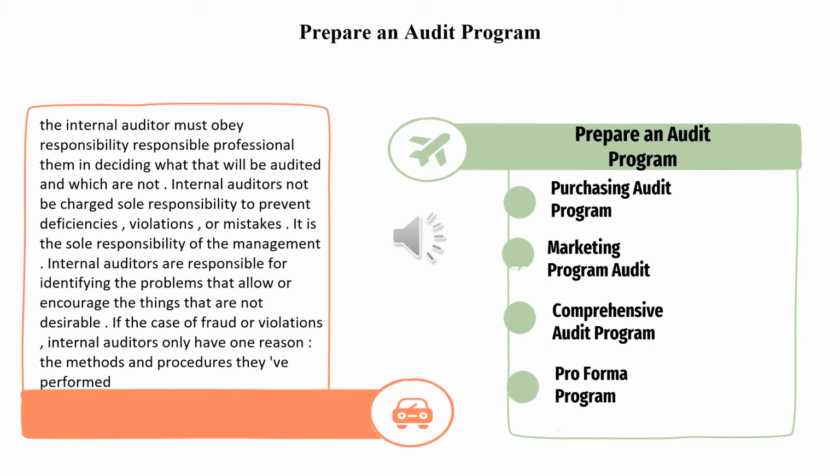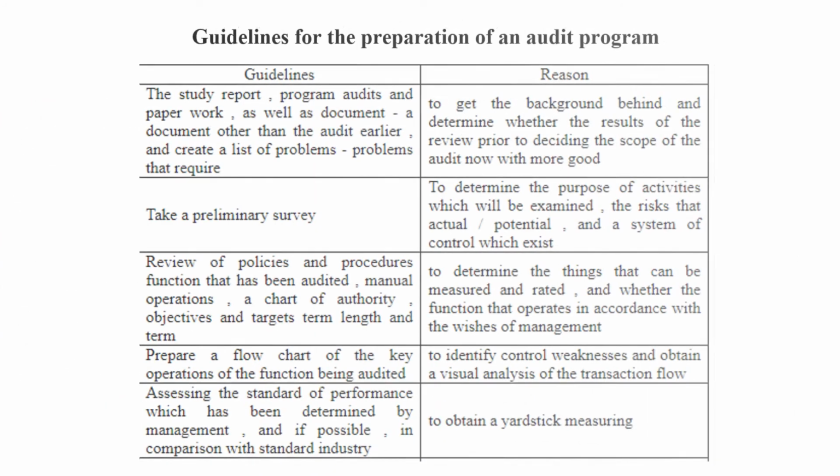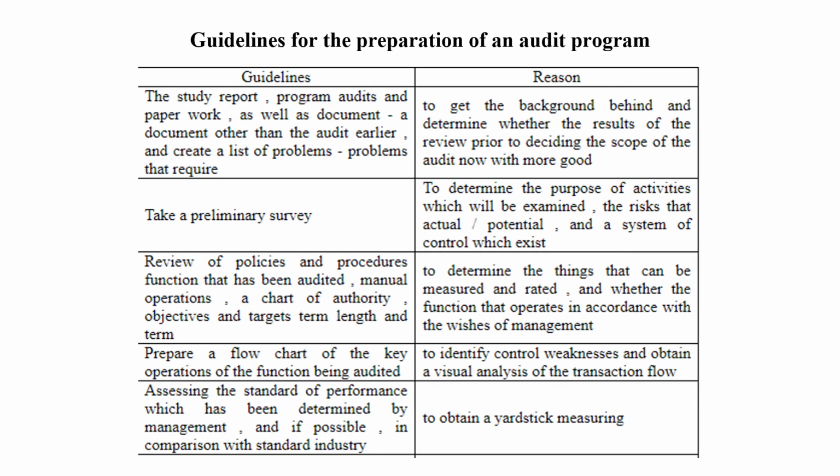There are purchasing audit programs, marketing audit programs, comprehensive audit programs, and pro forma programs. Guidelines for the preparation of an audit program: study the report, audit program, and paperwork, as well as documents other than the earlier audit, and create a list of problems that require attention.